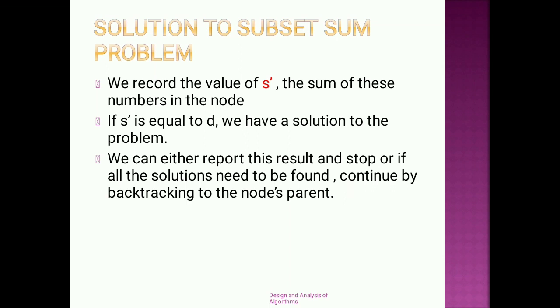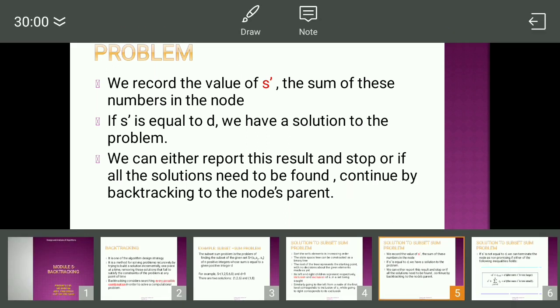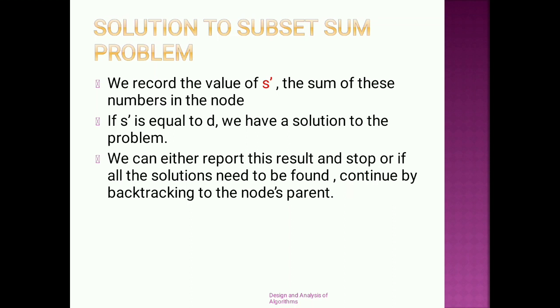Each time, remember, whenever you consider an element, you have to add it to the previous sum. Initially, the sum is equal to 0. When you don't consider any element, the sum is equal to 0. If you include the first element, then the new sum becomes the old sum, that is 0, plus the value of the element you have considered, that is the value of the first item.